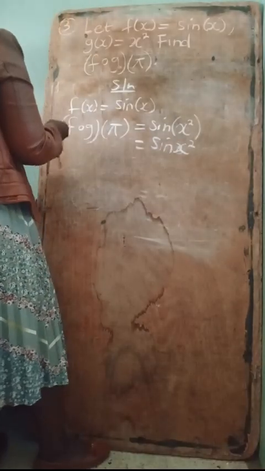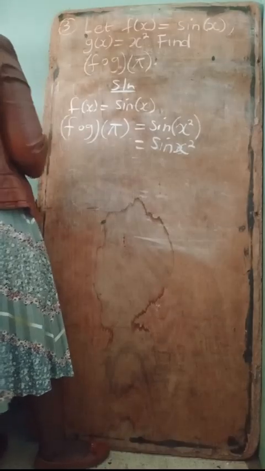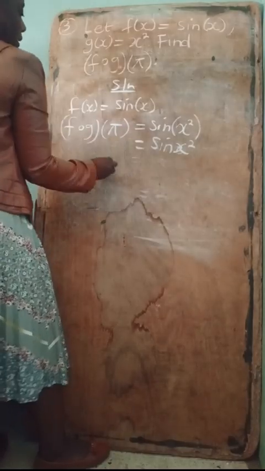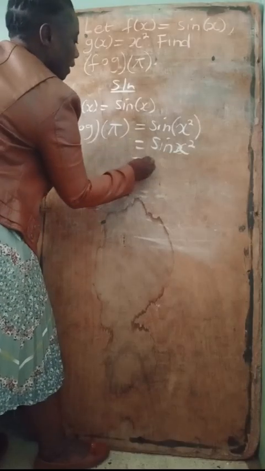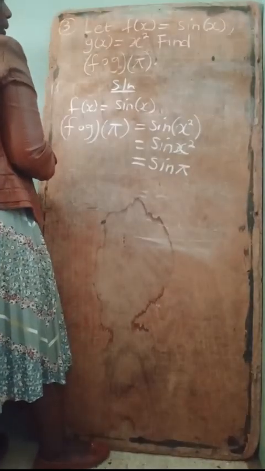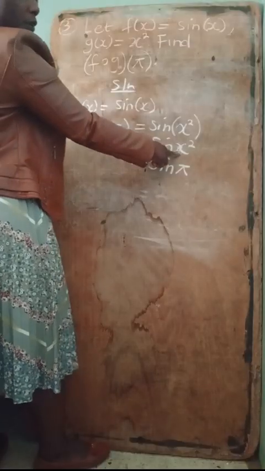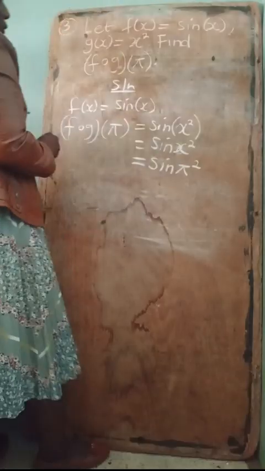So after that, we know that we've been given a figure, which is a pi to put there. So we are saying sine pi. So we are putting a pi there. But remember this x that we have here, it is squared, so it has to be squared also.